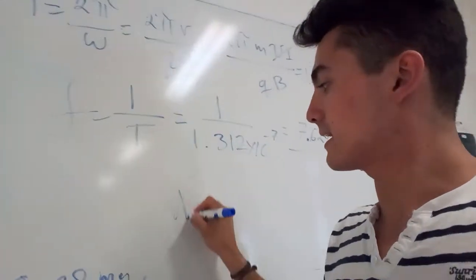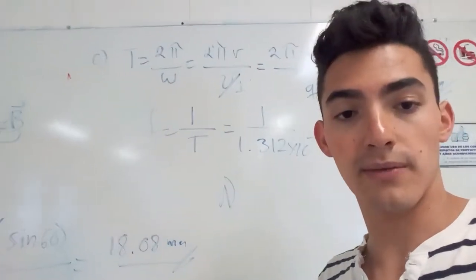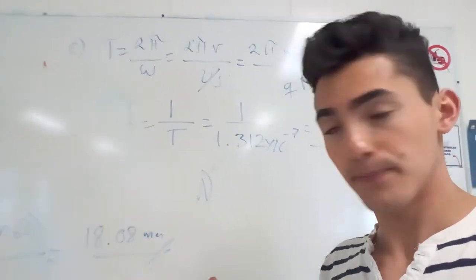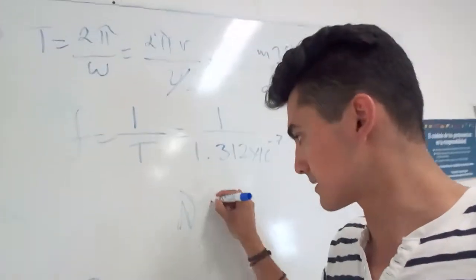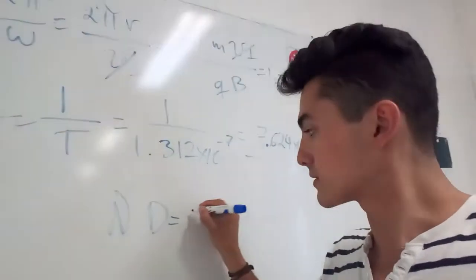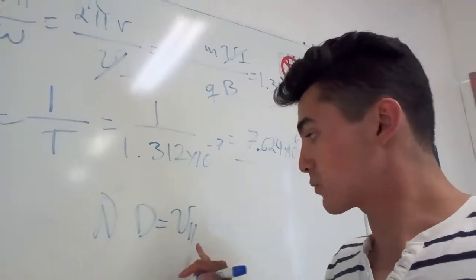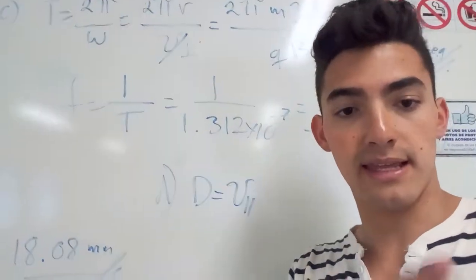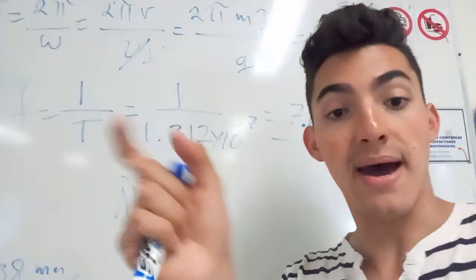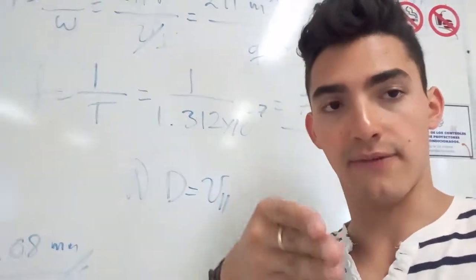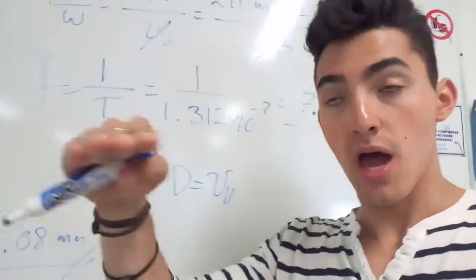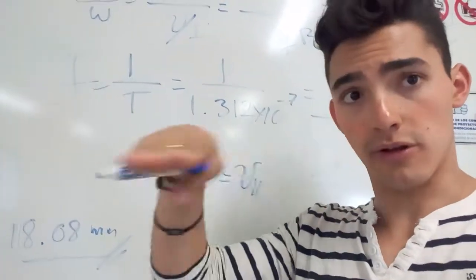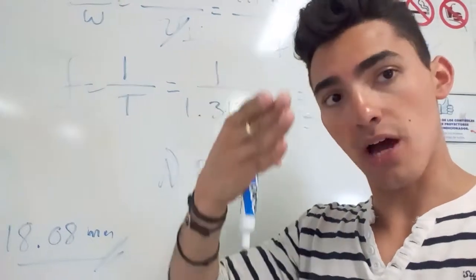And for part D, we are asked to obtain the distance covered by the proton along the magnetic field direction. The distance is equal to the velocity, but we are now using the parallel velocity, because it says it's covered by the proton along the magnetic field. So we're not using the velocity that is perpendicular to the magnetic field. We are using the one along the magnetic field.